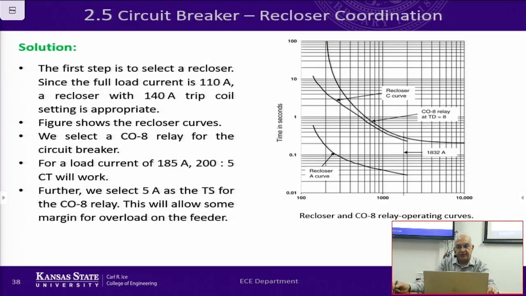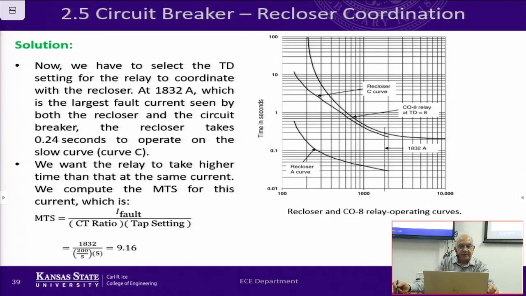So A and C curves are shown, and then we want to select a CO8 relay for the circuit breaker. Now for a load current of 185 amps, a 200 to 5 CT will work. Further, we select 5 amps as the tap setting for the relay, because that will allow some margin for overload on the feeder. Then we have to select the time dial, and the time dial has to coordinate.